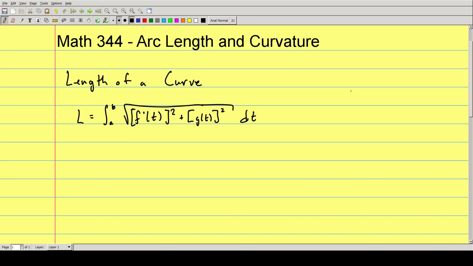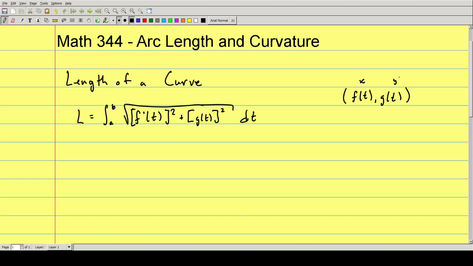Now the idea here is that in this case, we have some curve in two dimensions that we think about as being the collection of all points that satisfy this relationship. The x-coordinate is given by f of t, and the y-coordinate is given by g of t. Okay? So this would be in our current understanding, a 2D space curve, right? Or a plane curve is how we would think about this these days.